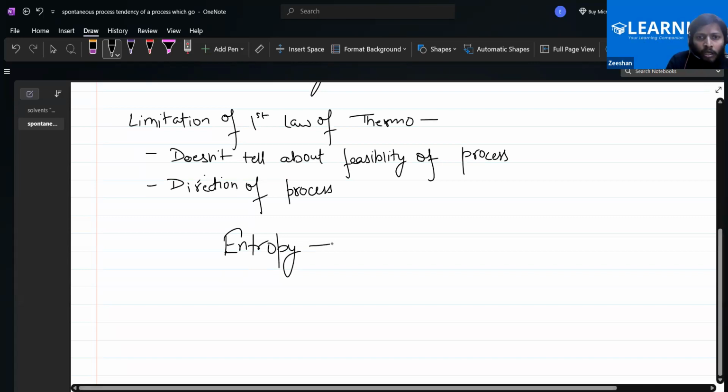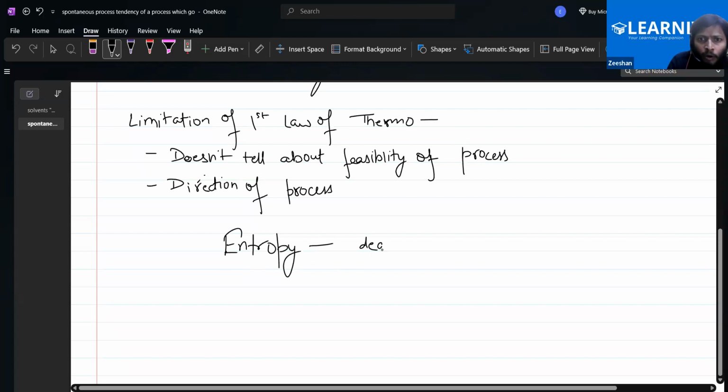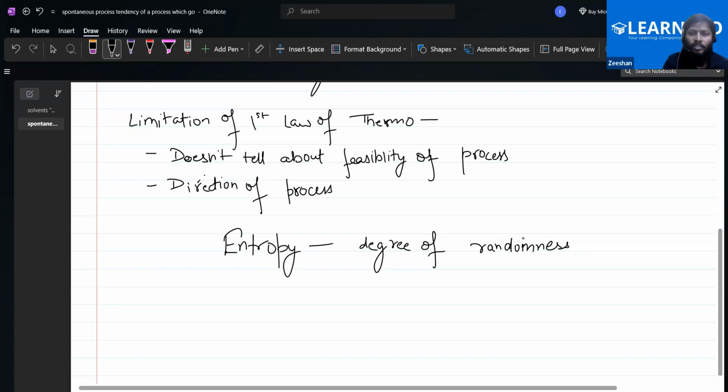So what is the definition of entropy? Entropy is the degree of randomness. We will see several practical examples, and you will understand that yes, entropy is increasing.